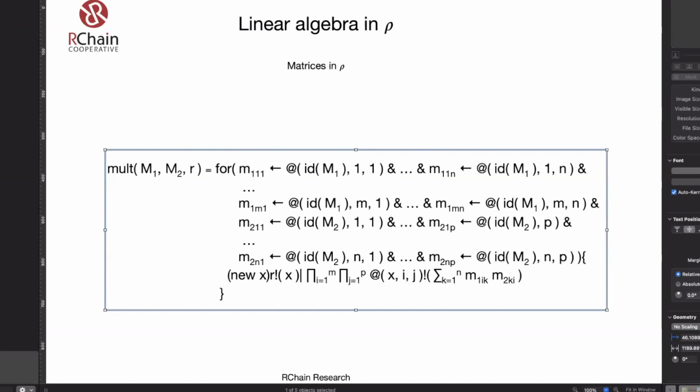And at the same time, Rholang supports the linear algebra operations directly. And so that's why I'm quite keen on teasing this out and getting a good representation. So that's roughly what I want to talk about today.